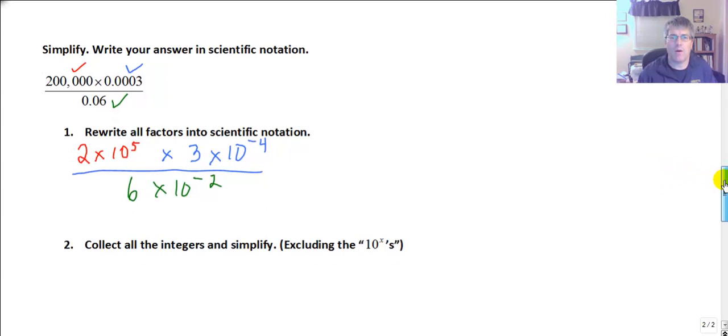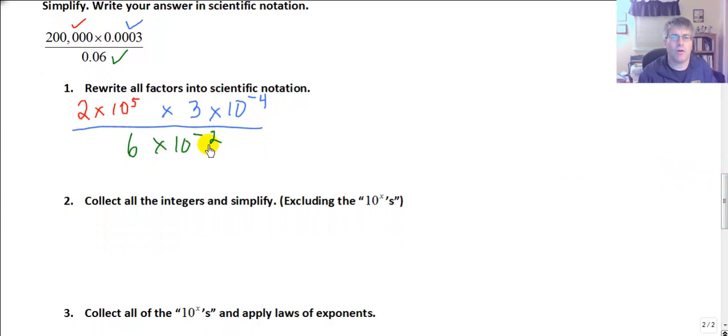Now the second thing I want to do is collect all my integers and simplify. So I'm going to rewrite this using the commutative property. My integers are 2 times 3 all divided by 6. And then I have all of my laws of exponents here.